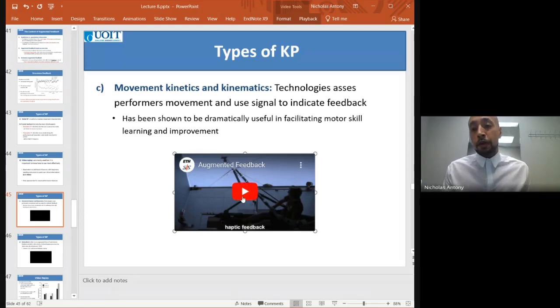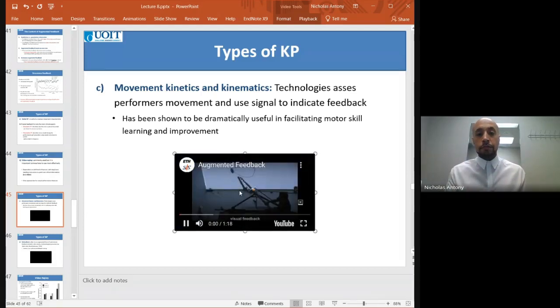So here's an example of people being taught how to use a rowing machine. So they're learning how to row. And so they're providing new feedback other than just having the person practicing on a boat. They figured out a way that they could have different types of KP feedback provided to the learners and see what led to the fastest learning.